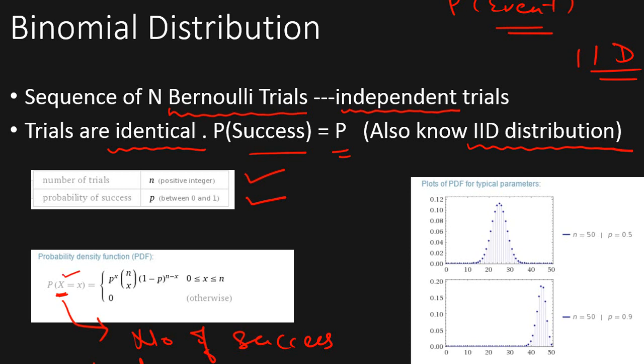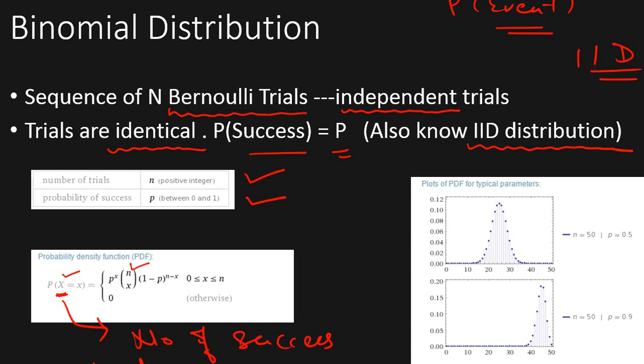That is given by p, the probability of getting the event, and the number of trials n, and then we have this probability density function, which gives us the chances of the number of successes if you have n trials.